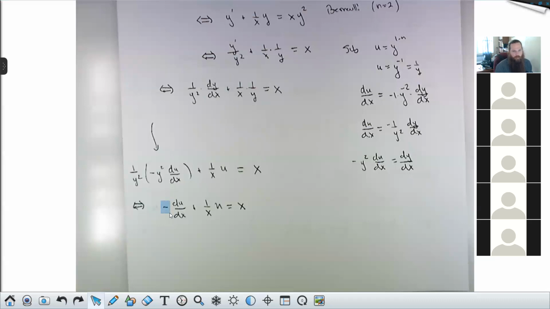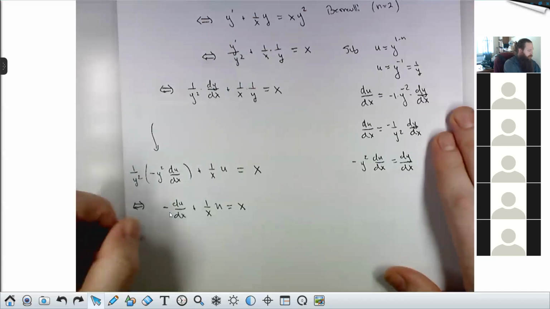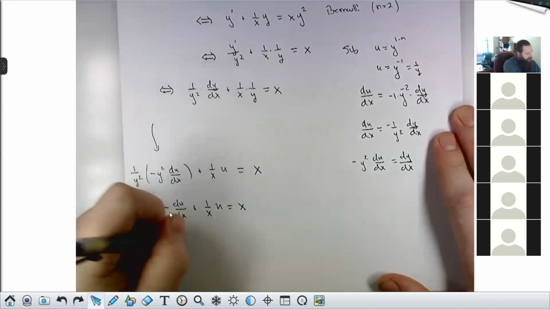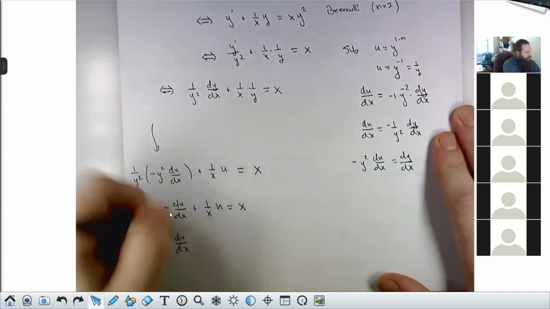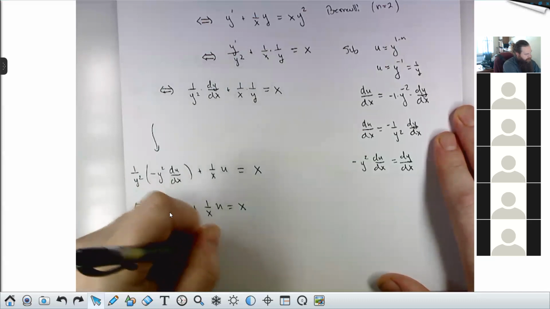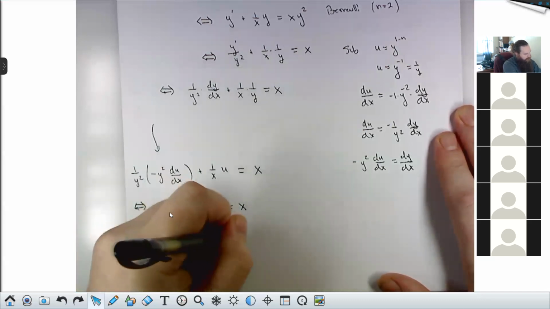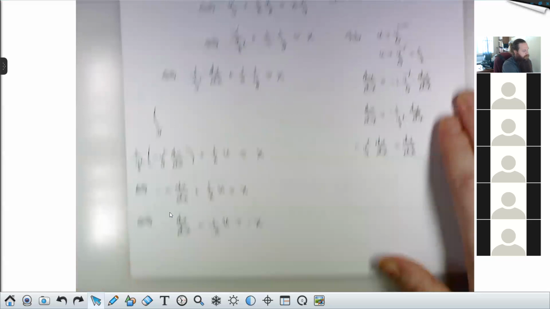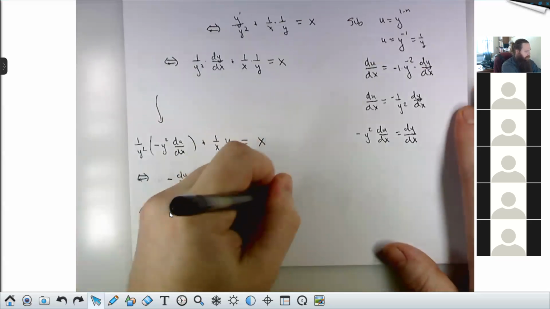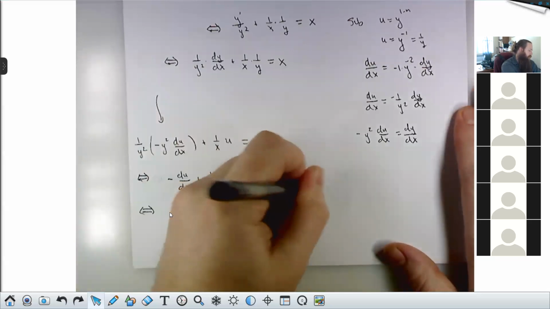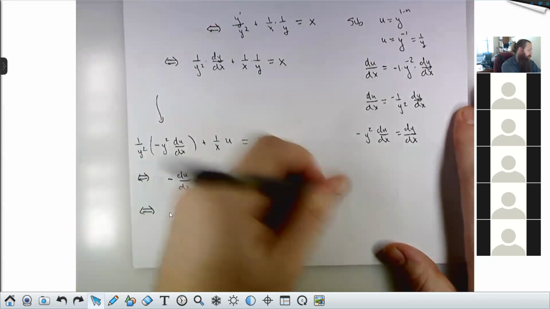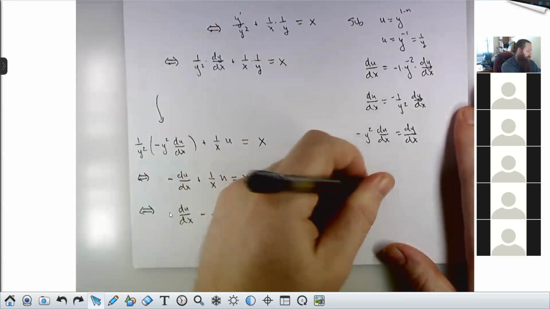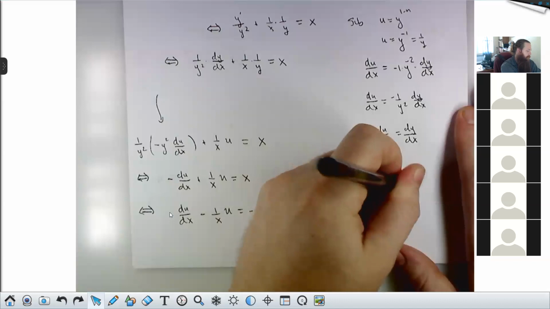And then I can divide through by the negative to get a linear equation in standard form. There it is. This is a linear equation, order 1, in standard form.